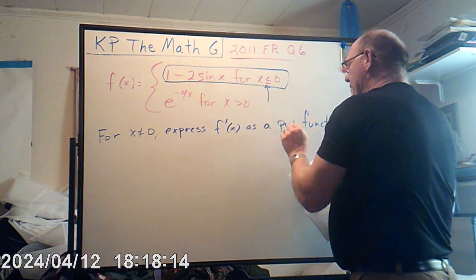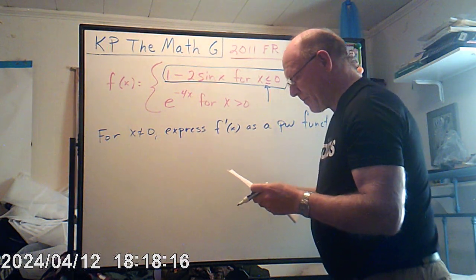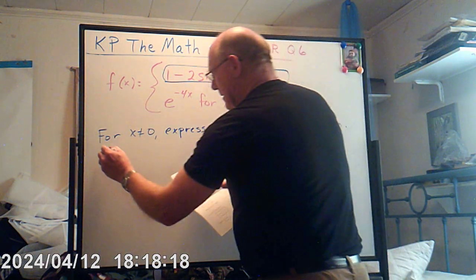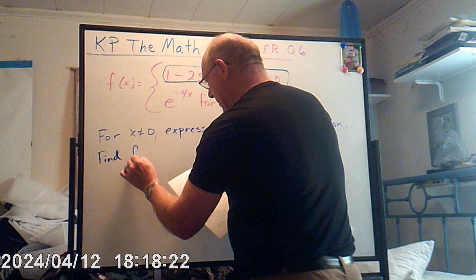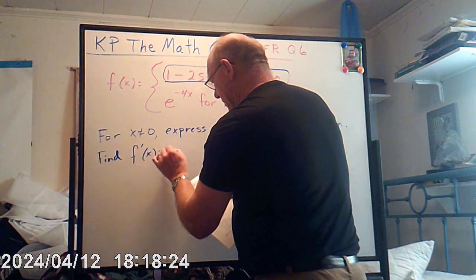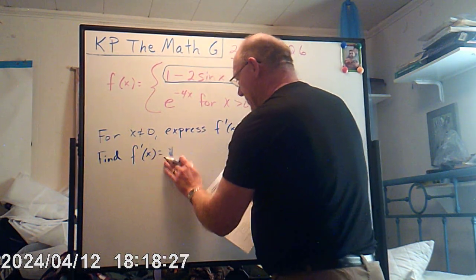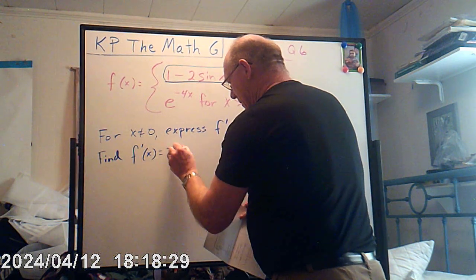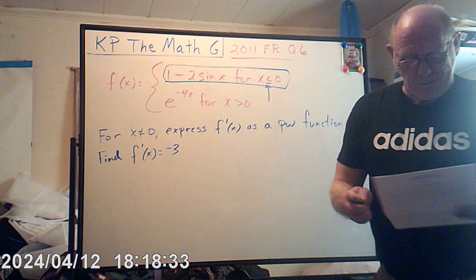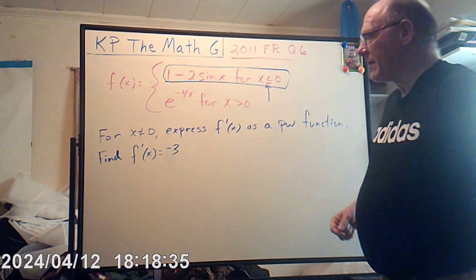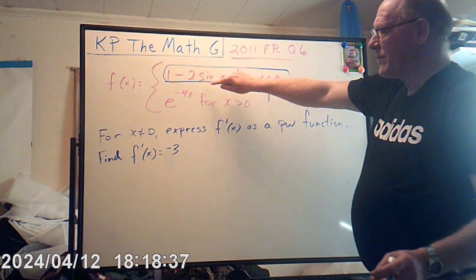PW is piecewise. Okay. And then find the value of x. And we're just going to say f prime at x. So I'm going to move along, see if we can, oh, -3, my bad, -3. Okay. I had to study this a little bit, but this is all you're doing. You're just taking the derivative of f prime.